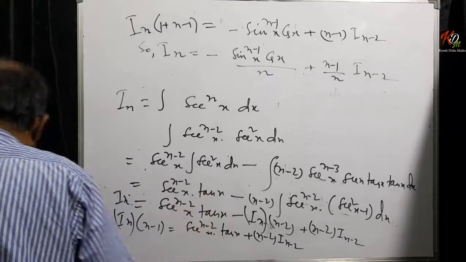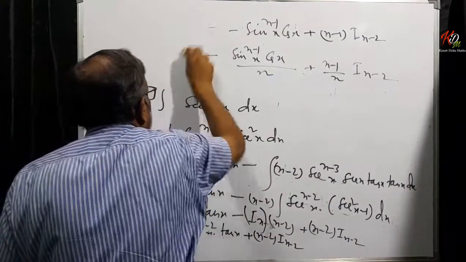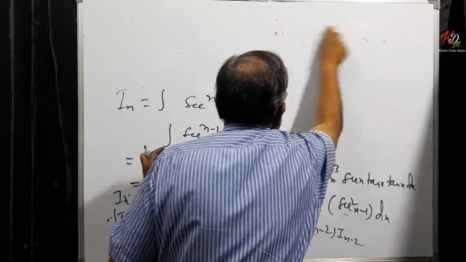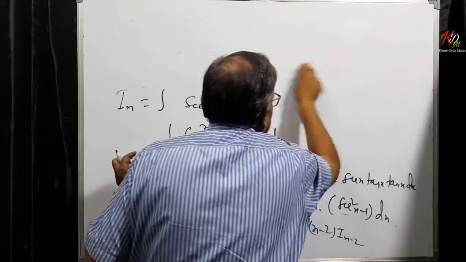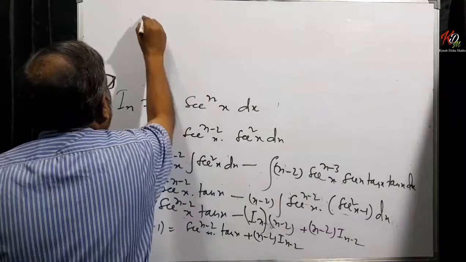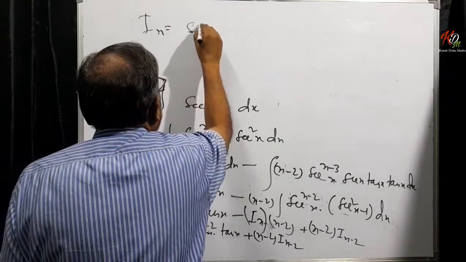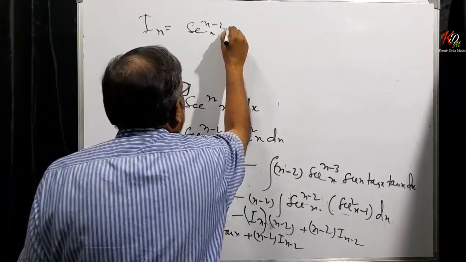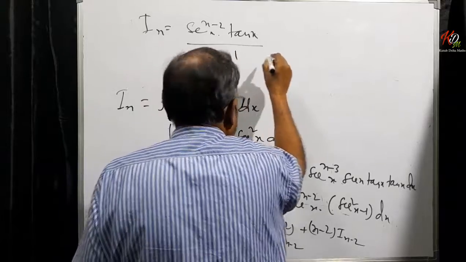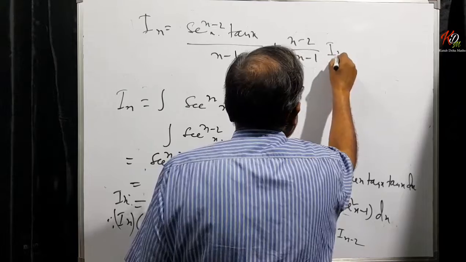The final result will be I_n equals sec to the power n minus 2 x tan x by n minus 1 plus n minus 2 by n minus 1 I_n minus 2.